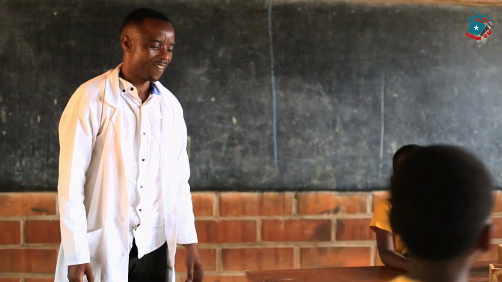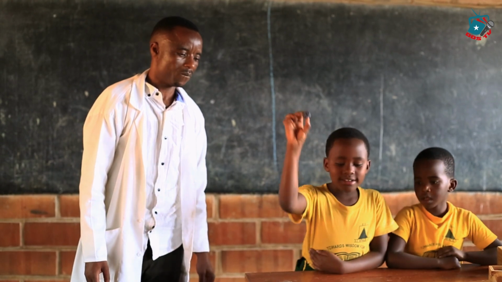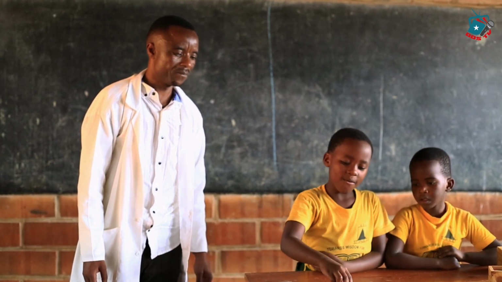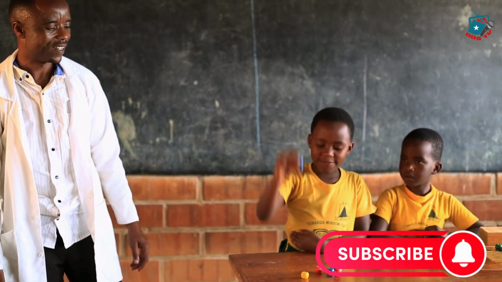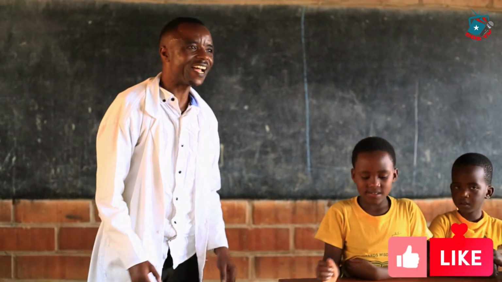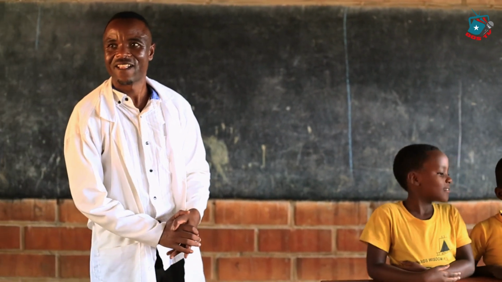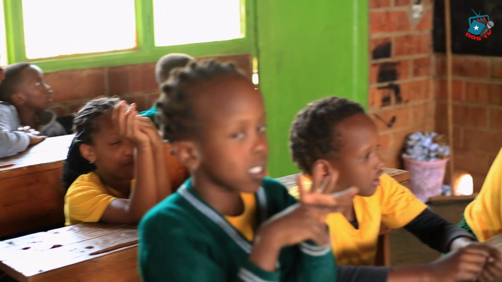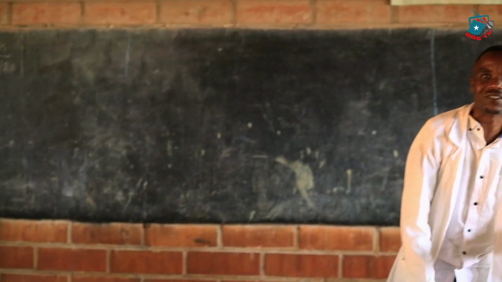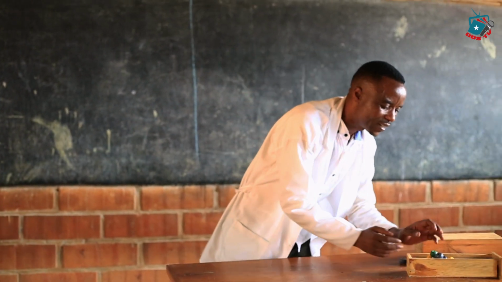Nice. 1, 2, 3, 4, 5, 6. Okay, thank you very much. Clap for her. 1, 2, 3, 4. Okay, go and sit down. It means that 2 times 3 equals 6.